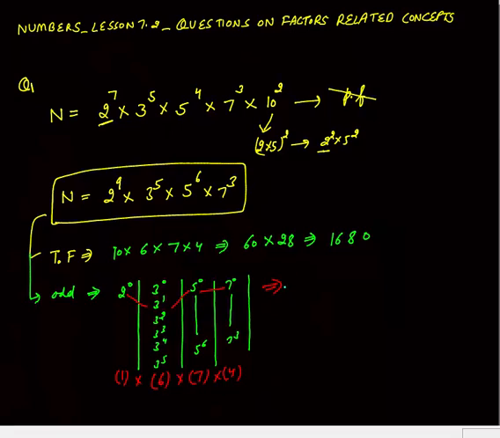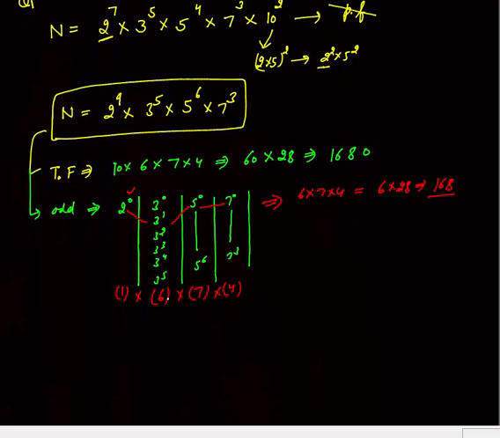So total odd factors are 6 into 7 into 4. That is 6 into 28. 168 odd factors will be there. So simply in odd factors, we only have to take 2 power 0, and 3 power 0 to 3 power 5 will be as it is. So in total, it will be 6 ways we can select one number.